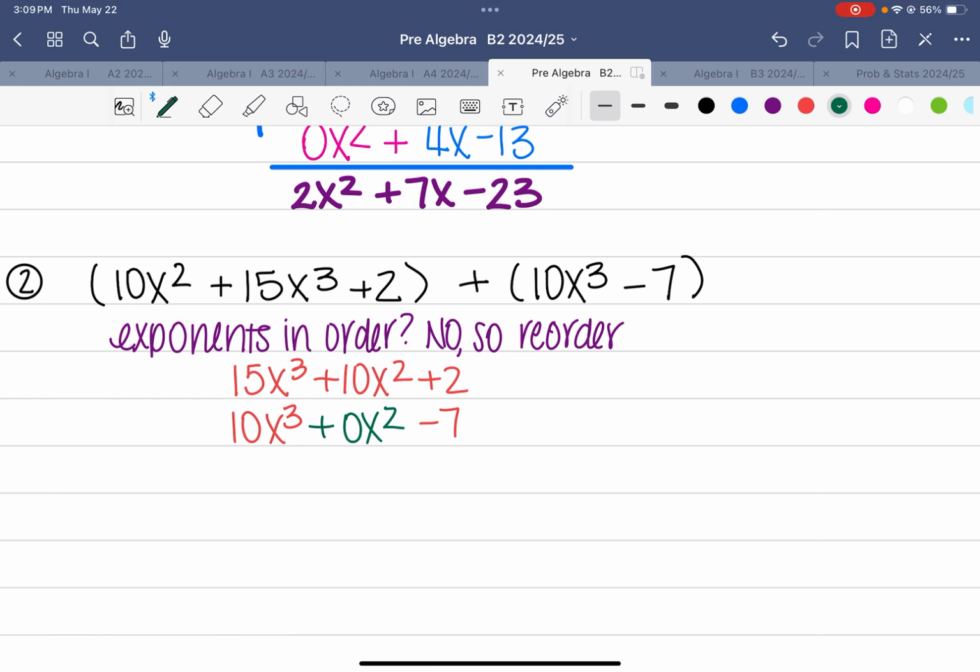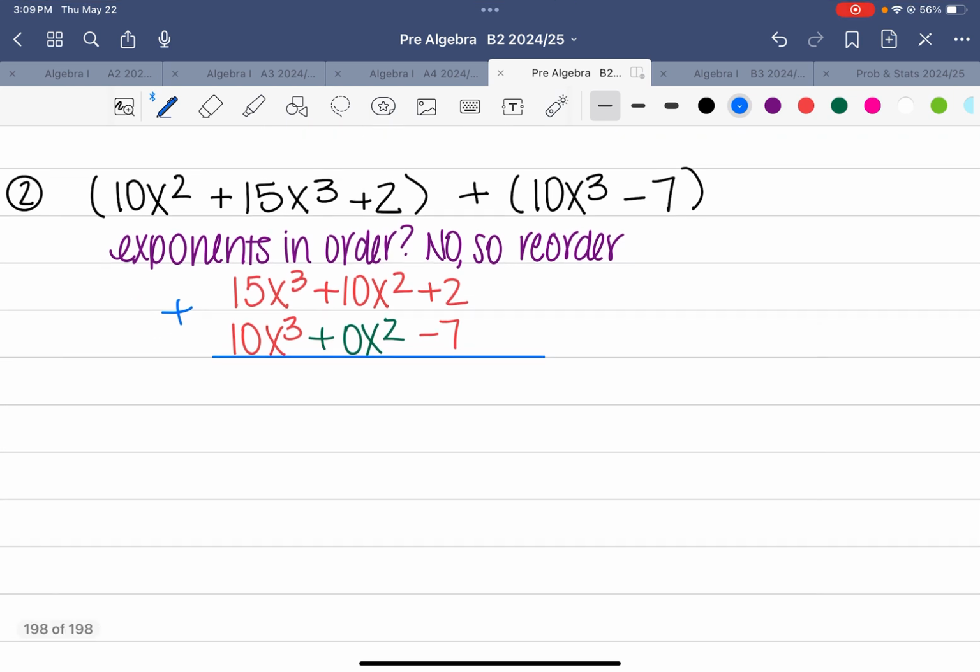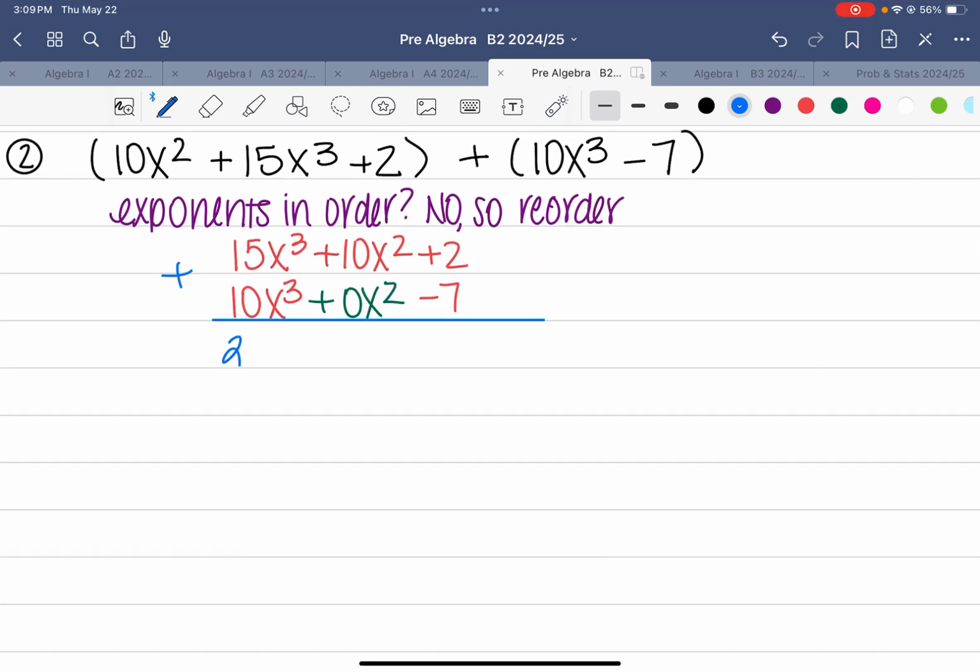So now that I rewrote them, I am going to add them up. What is 15x cubed plus 10x cubed? What is 10x squared plus 0x squared? What is 2 plus negative 7? And you're done.